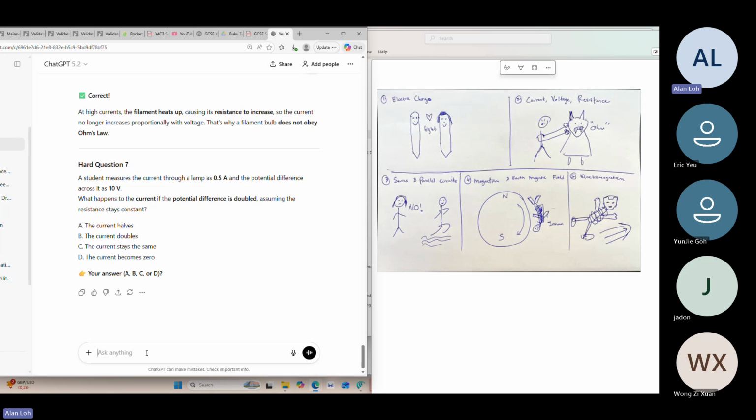It's asking what happened to the current if potential difference is doubled. Potential difference is voltage, right? So if the V is doubled and the R stays the same, what happened to the current? The current also needs to be doubled. Am I right?